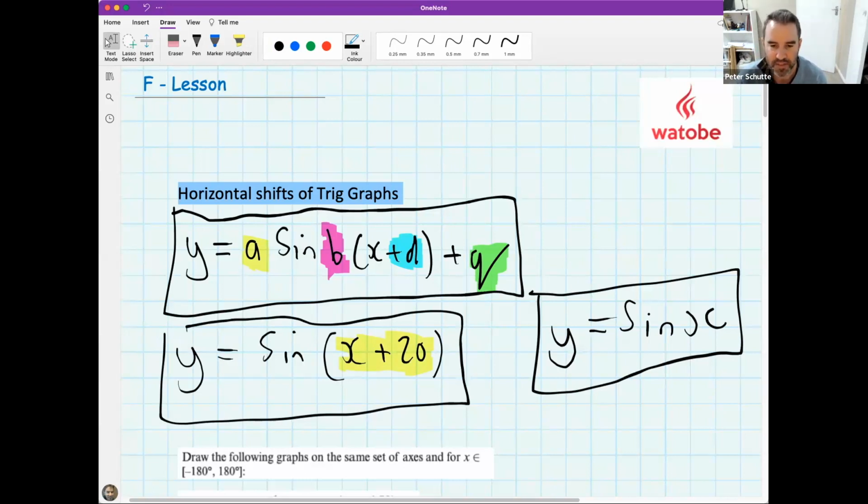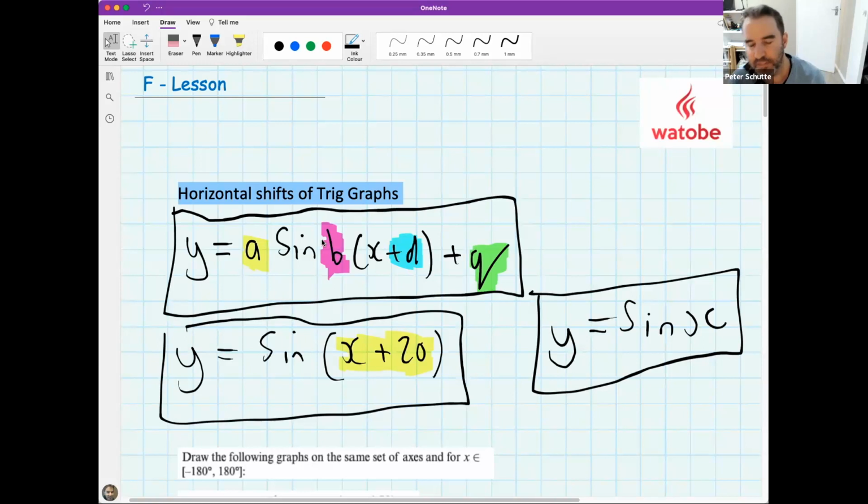Does anybody agree with them? Mbasa says to the left by 20. Kutuano says to the right by 20. So there's a little bit of debate.